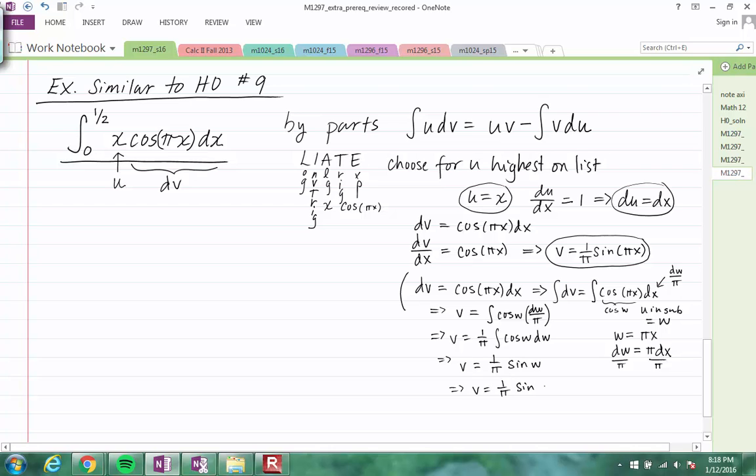Our w is equal to pi x. So a lot of sidetracks there, but this is important to understand. That was just looking at this a slightly different way. You get the same result.